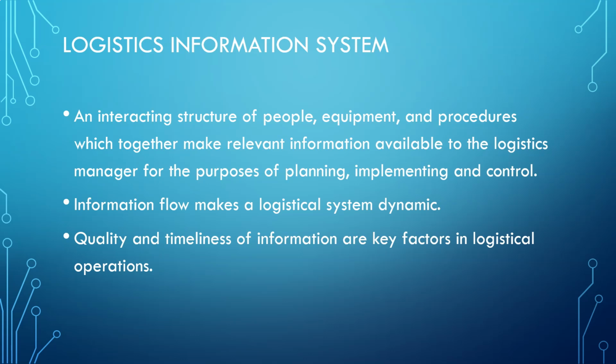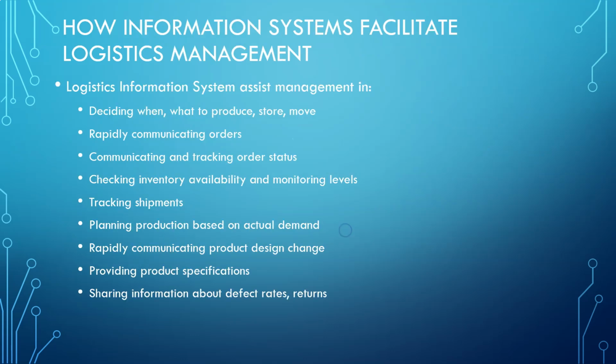Quality and timeliness of information are key factors in the success of logistical systems or logistical operations, and in the ability to compare with other companies in the market. Information systems facilitate logistics management by deciding when and what to produce, store, and move.